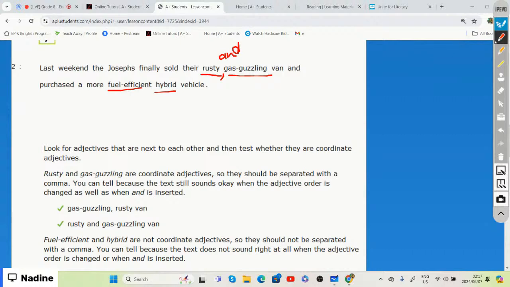And you can tell this because the text still sounds okay when the adjective order is changed, as well as when "and" is inserted. Remember, we said that we need to try and either add a comma to it or add "and" to it to test if the whole sentence changes or if it still says the same once it is added.